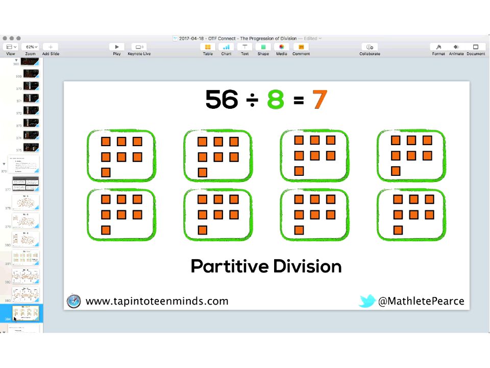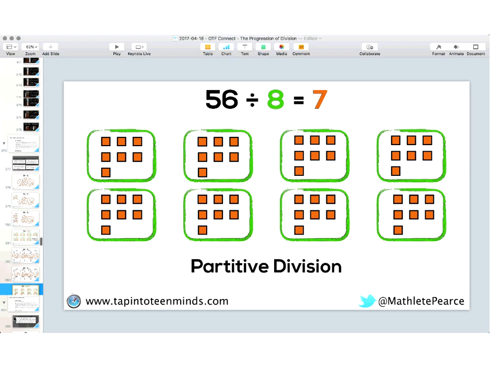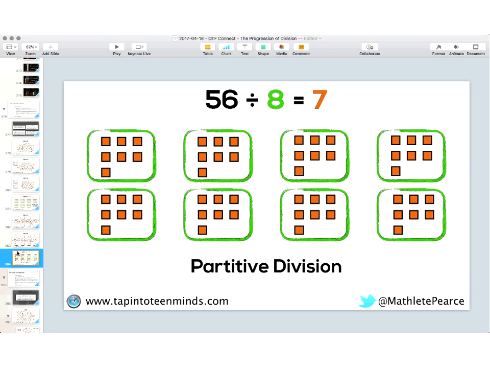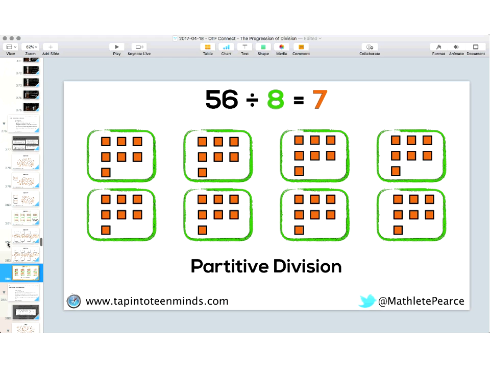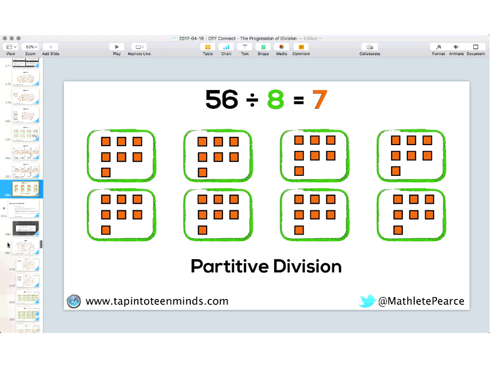So now, partitive, we're seeing that there's 8 groups with 7 in each group. I think it's really important that we see both of those things, because that's a fairly important piece of the puzzle.